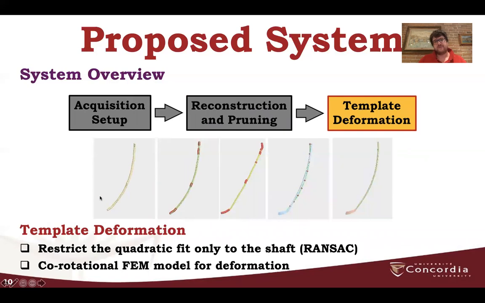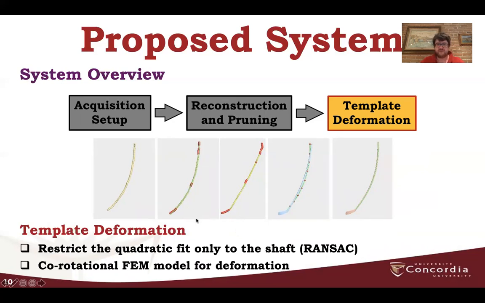So here we describe this in more detail. You can see the points on the medial axis of the point cloud, and you can see that there are some kinks in it because of the noise in the point cloud. So we use a RANSAC procedure to select the points only on the stick. This procedure removes the points on the shaft as well as the noisy points along the shaft.